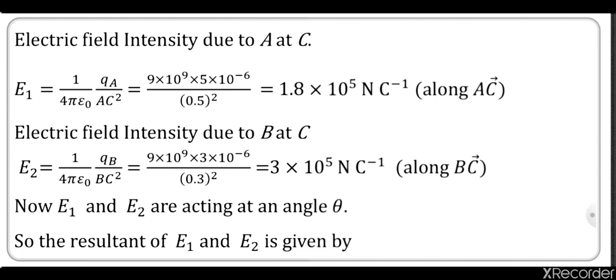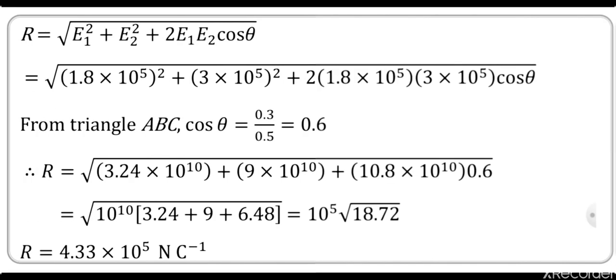Next, similarly find out E2. Here the charge is 3 microcoulomb and the distance is 0.3 meter, so substitute and it becomes E2, which acts along BC. After finding E1 and E2, we have to find the resultant electric field. So use the resultant electric field formula: E1 square plus E2 square plus 2 E1 E2 cos theta.